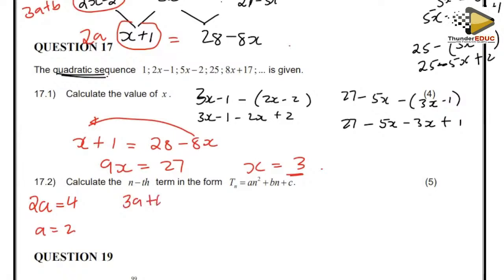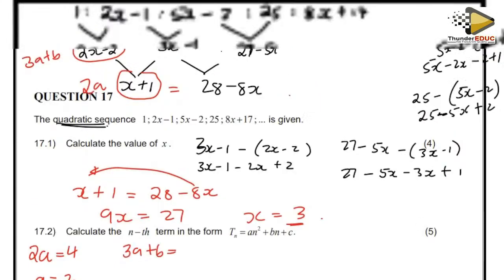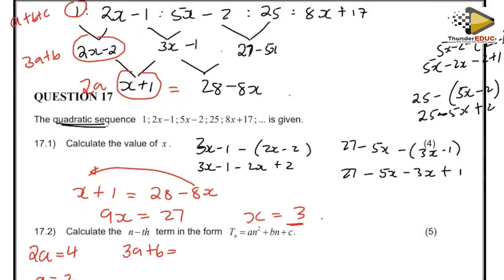Then 3a plus b will represent my 2x minus 2, because 2 times 3 is a 6. 6 minus 2, that's a 4. But then if a is 2, then that will be 3 by 2 plus b is equal to 4. And then b becomes a negative 2, because 2 times 3 is a 6. When you subtract from 4, you get a negative 2.